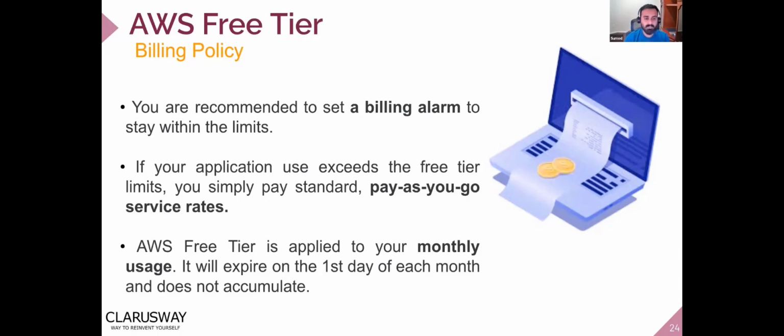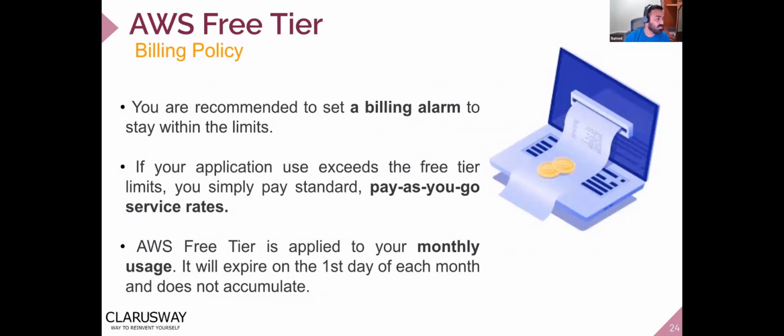Don't worry, we will be trying to use the free usage ones. We won't be using anything big, but if we want to test something, we can always do it in our account. If that exceeds the billing alarm we created, then we will get an alarm. That's what the billing alarm is about, and we can make some config changes in the account settings that we'll be doing soon.